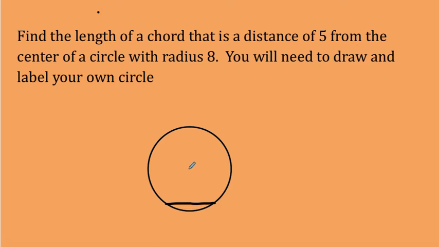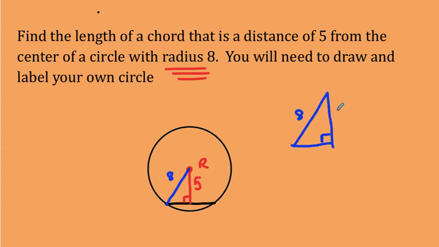Now I know that here's the center, we'll call it R, the center is 5 from that chord. So I'm going to make the shortest distance, which I know would then be perpendicular, 5. Now the circle has a radius of 8. So that means I can actually create a right triangle here and make that the radius of 8. So now I have a right triangle with 8 and 5, and I'm going to try to find x right here.